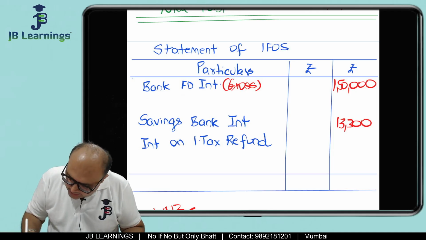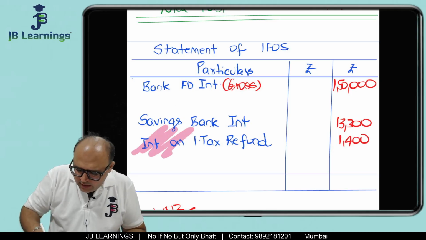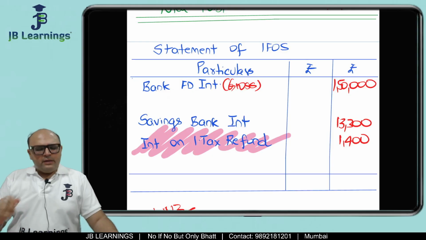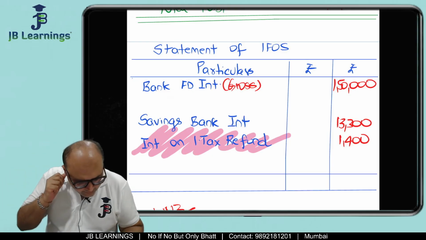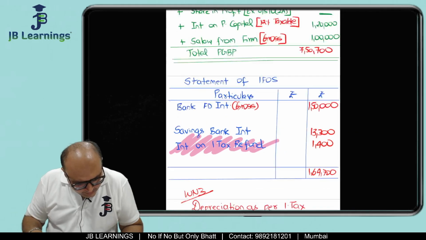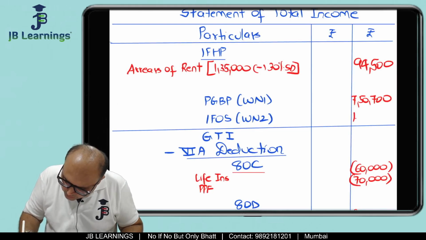And income tax refund, this is ICAI's favorite. You will find many questions. This is favorite even in CA final. All right, so income tax refund. So the total is 164,700 as far as this is concerned. So you go to income from other sources, 164,700.